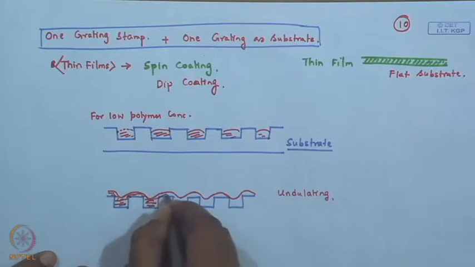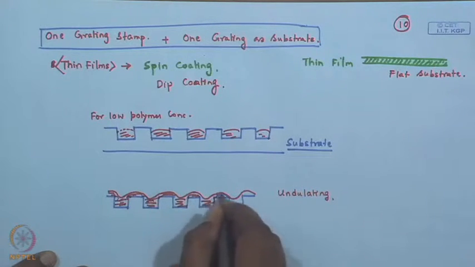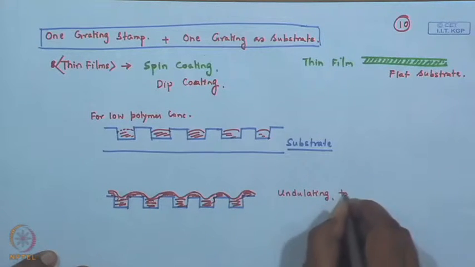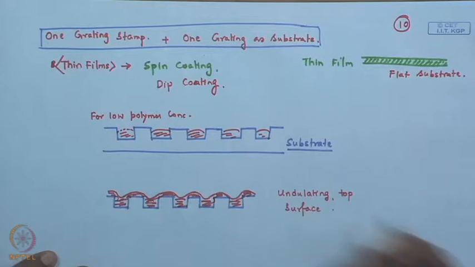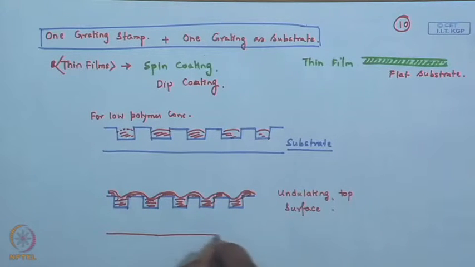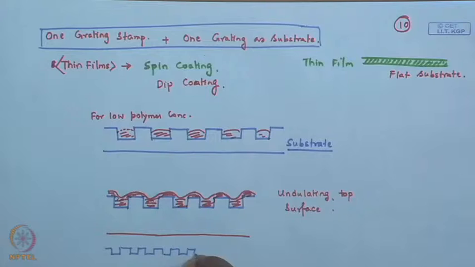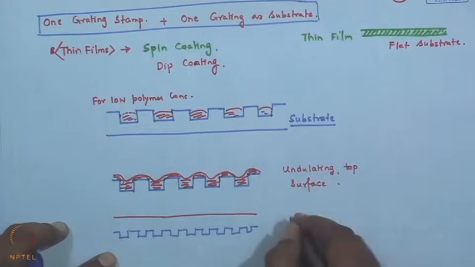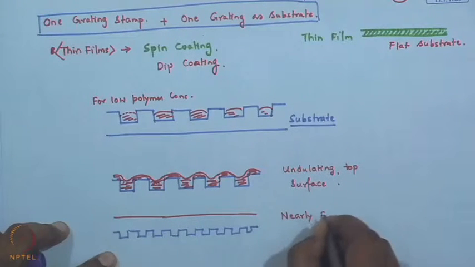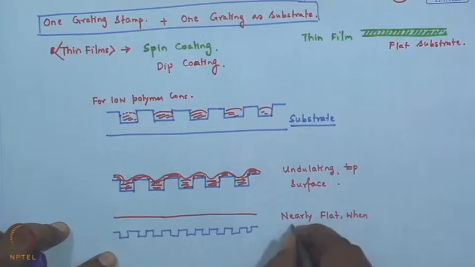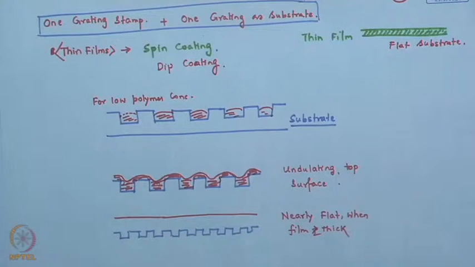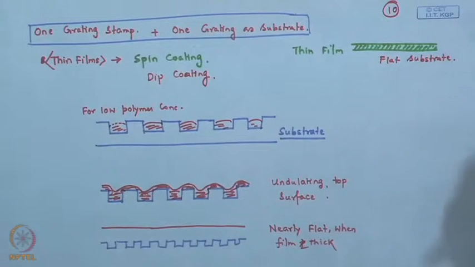So, this is how the film should look. And if your film is very, very thick as compared to the depth of your surface features, then maybe you will again have a film which is nearly flat.